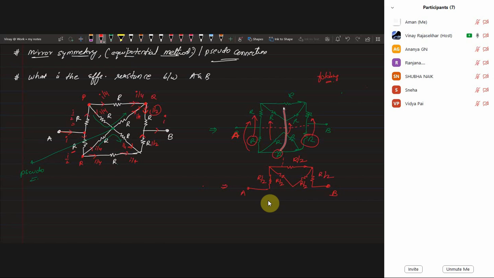Now tell me, what is the final calculation? What is the effective resistance between A and B? Do the final calculation and tell me. I'll give you 1 minute.